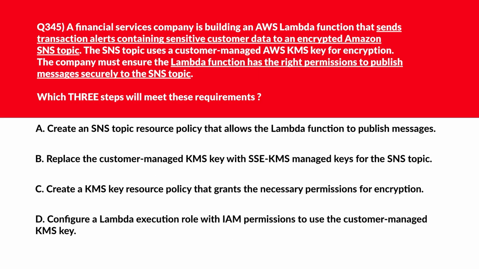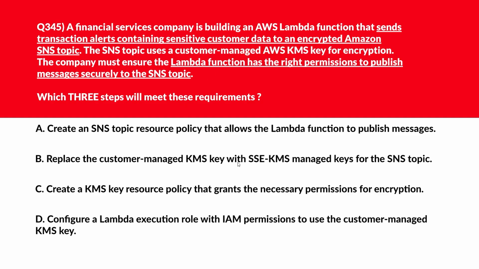Alright, we got a multiple choice question. We need to select 3 correct answers. The Lambda function sends transaction alerts containing sensitive customer data to an encrypted SNS topic. We need to make sure the Lambda function has the right permission to publish messages securely to the SNS topic. Option A, SNS topic resource policy gives the Lambda function permission to publish messages securely. We'll keep this.